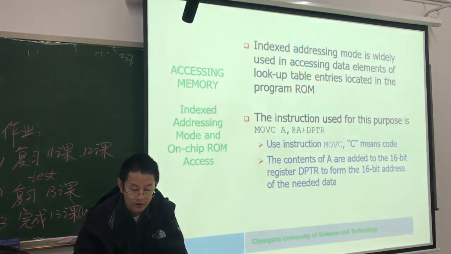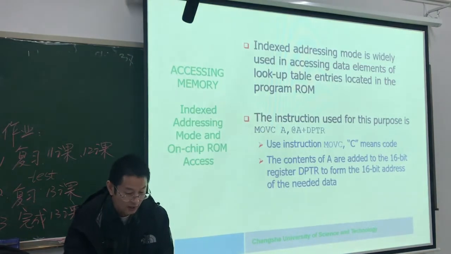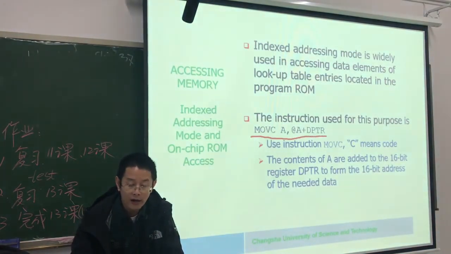The index address model is widely used in accessing data elements of lookup table entries located in the program ROM. An instruction used for the purpose is MOVC A, @A+DPTR. C means code, the ROM.